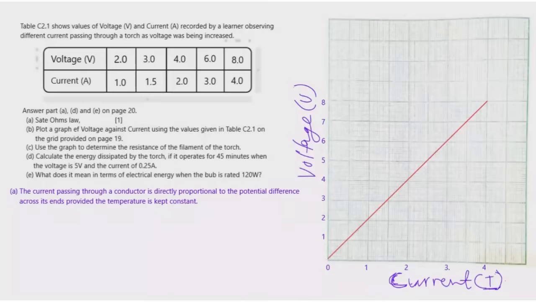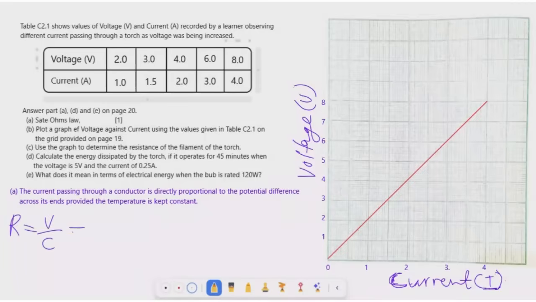We all know that resistance is equal to voltage over current.